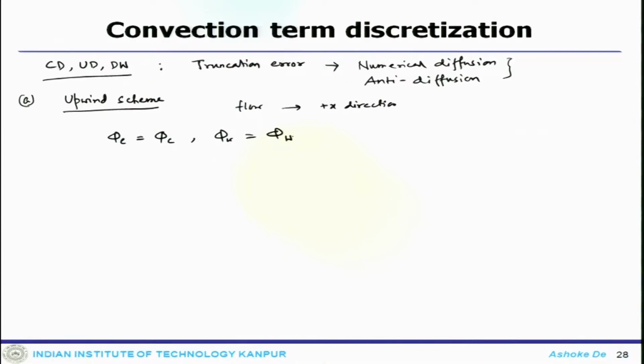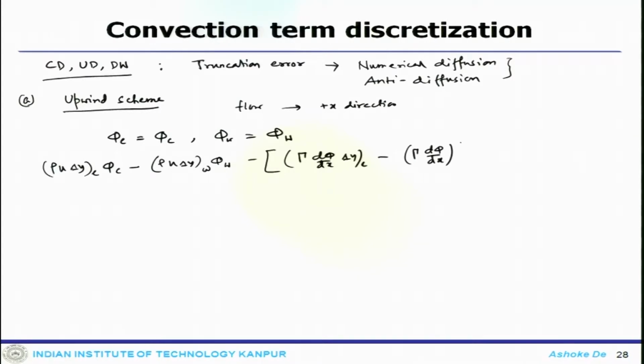Now, the convection diffusion equation system which was discretized is rho u delta y e phi c minus rho u delta y w phi w minus gamma d phi by dx delta y at east phase minus gamma d phi by dx delta y w equals 0.